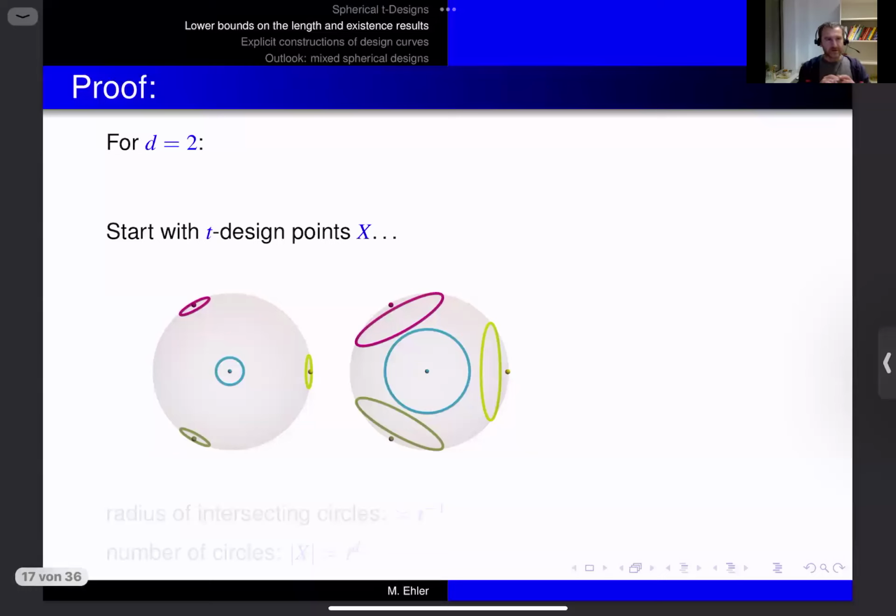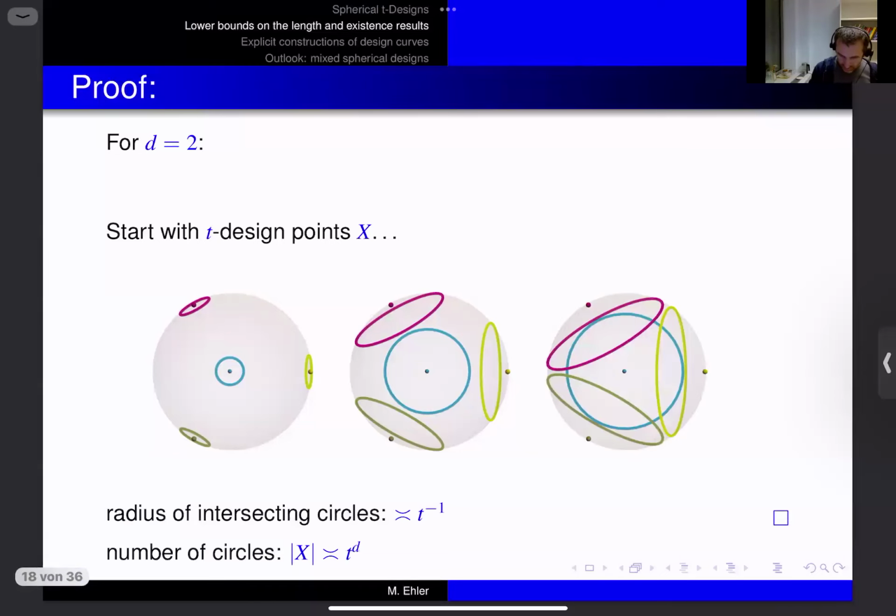And so we make them a little bigger, still not intersecting, but now, well, actually not quite, but let's pretend now they do intersect. But if they are all intersecting, now I have one continuous one-dimensional object. And this is the curve I'm looking for.